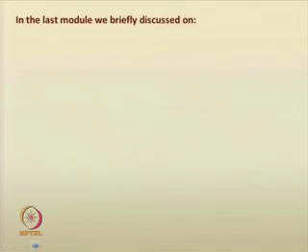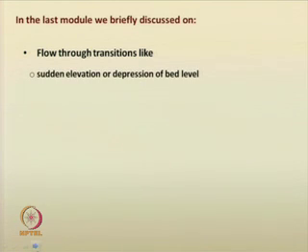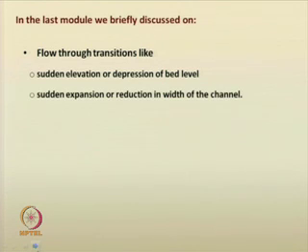So, if you recall, in the last module we had briefly discussed various topics like flow through transitions, especially the sudden elevation or depression of bed level, then sudden expansion or reduction in width of the channel, flow through culverts.